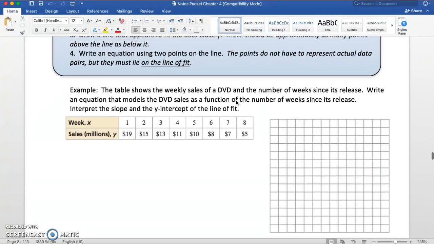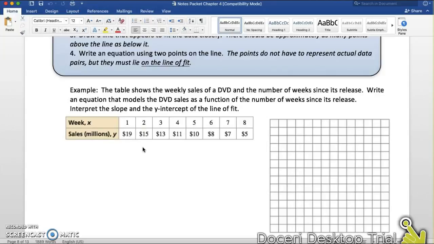The table shows the weekly sales of a DVD and the number of weeks since its release. Write an equation that models the DVD sales as a function of the number of weeks since its release. Interpret the slope and the y-intercept of the line of fit. So what we're doing, we're going to input weeks, and our output will be sales in millions of dollars. So I'm going to graph this.